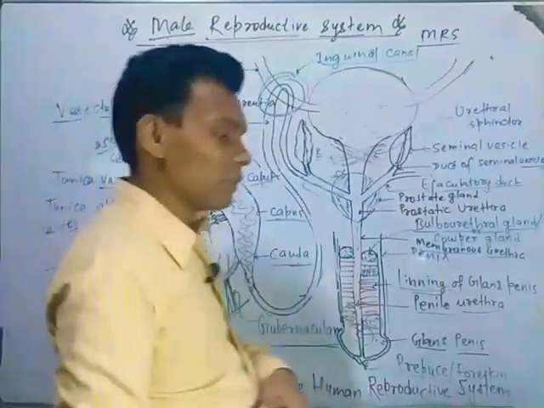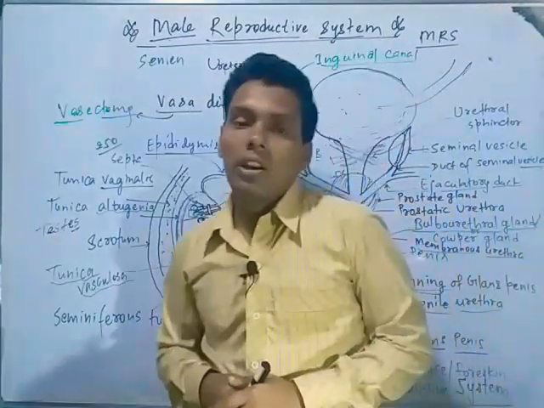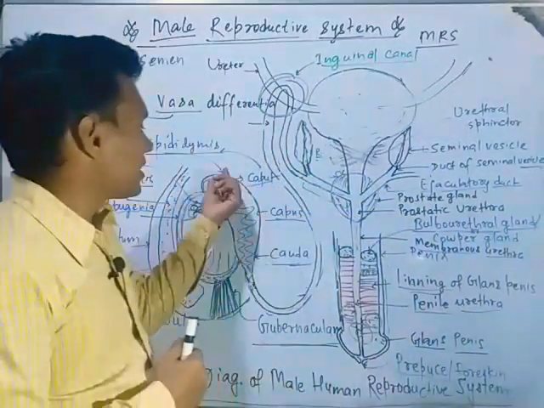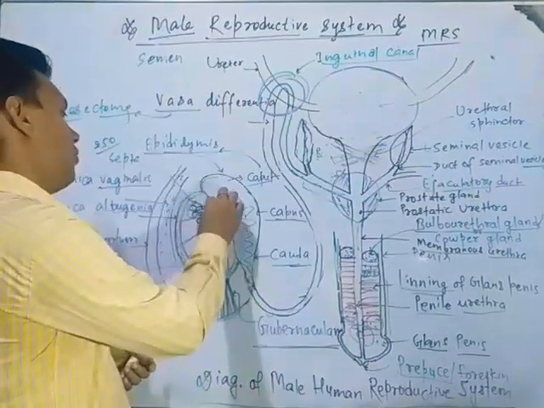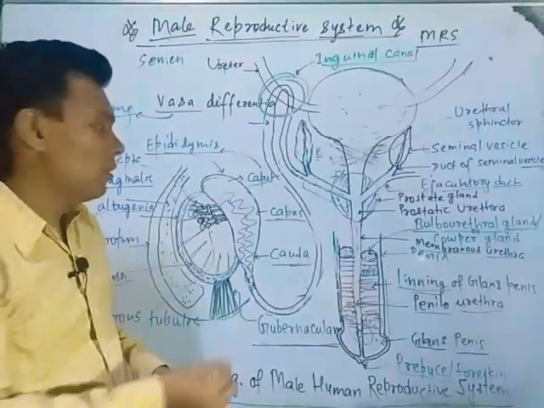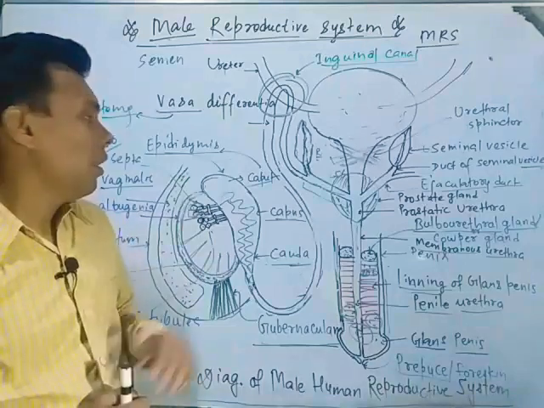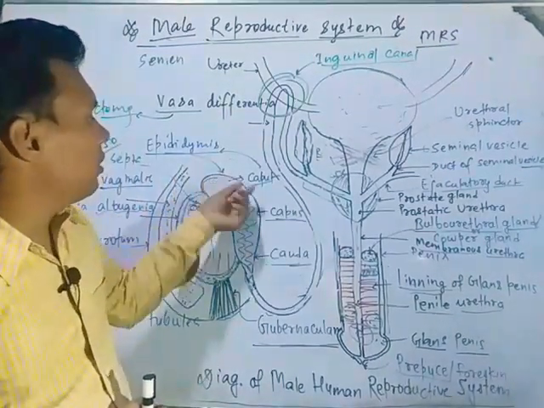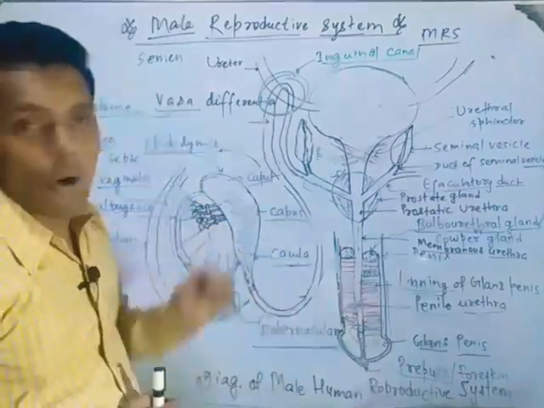What is the epididymis? A broad structure which is attached laterally to the testis. When the vasa efferentia open, a more coiled structure is present. The epididymis is generally divided into three parts: caput, corpus, and cauda.